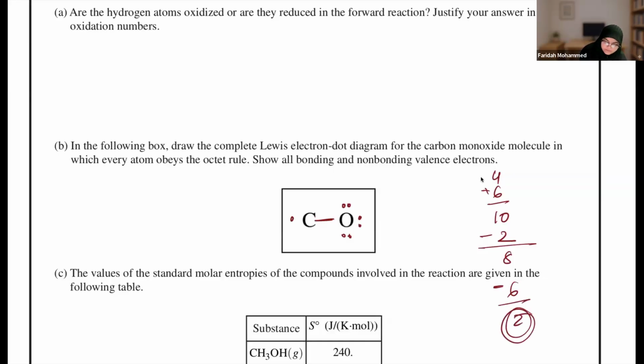I'm going to put on the carbon. Now, who's not happy? Carbon is not happy. Carbon needs how many more? 4 more. So carbon is crying. So oxygen is going to go and share 4 electrons. That means making triple bond. Okay. 1 point.